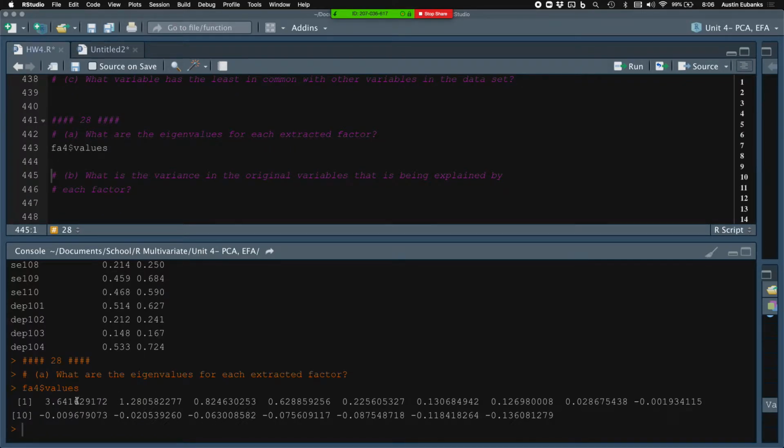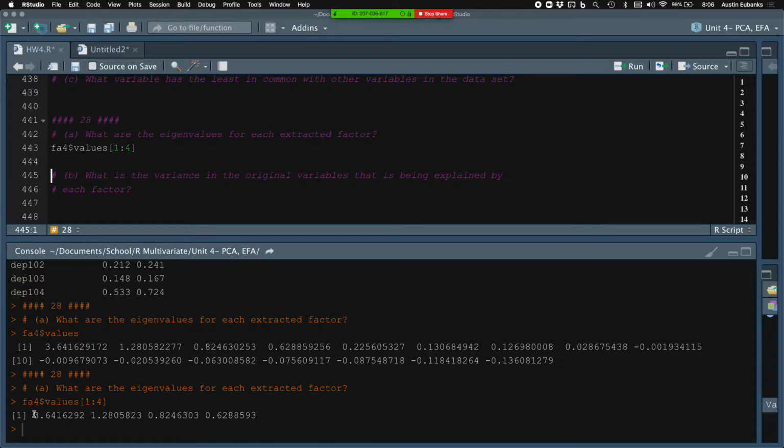It will print all of the eigenvalues, but keep in mind that we only extracted 4 factors. So if you wanted, you could add brackets and say 1 through 4, and it will just give us those 4 eigenvalues for our extracted factors. By the way, I updated the Google Docs to add in the code that we'll be using today. So if you need it, it's in there.